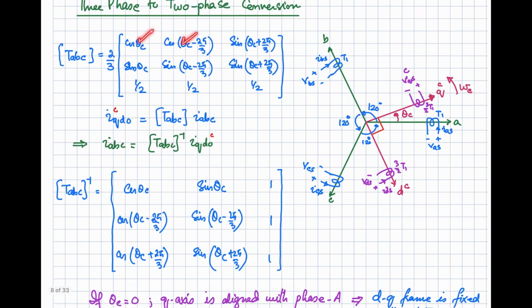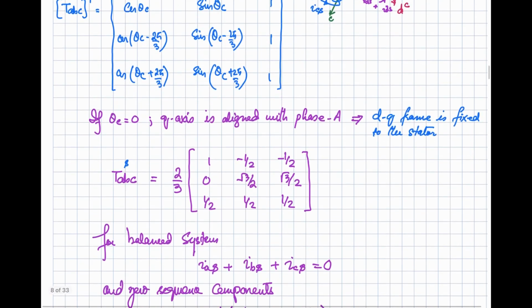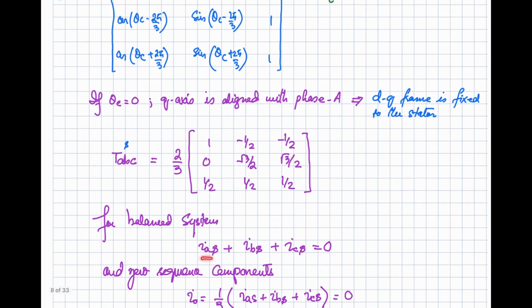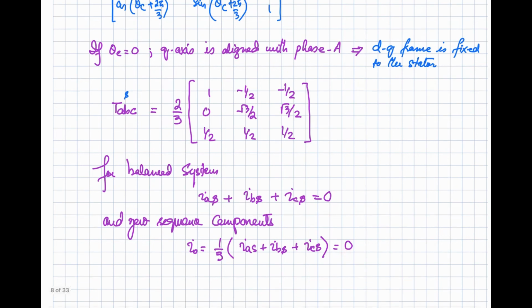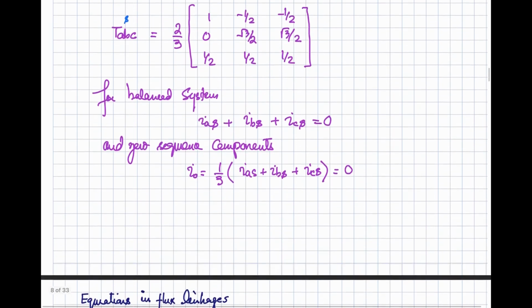This theta c will be considered as 0, and all of these are going to become constants. So this transformation will be represented like that, right? For a balanced system we know that IAS, IBS and ICS sum to 0, so the zero sequence current, that is 1/3 of that sum, will be 0 for a balanced system.